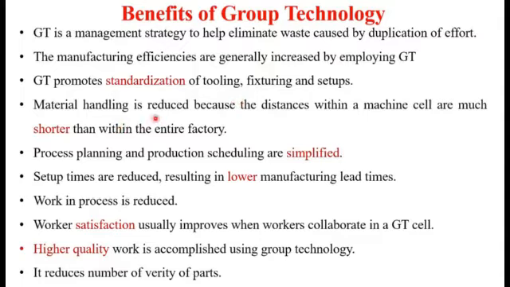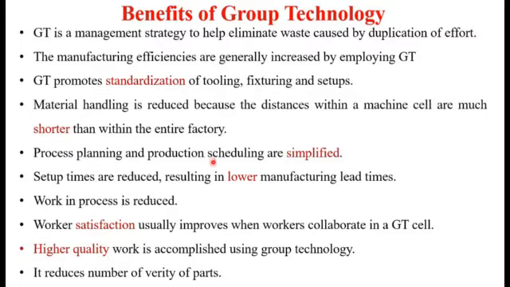Material handling is reduced because the distances within the machine cells are much shorter than within the entire factory. Machines are grouped together and placed within a shorter distance, so the material handling required in the factory is reduced.